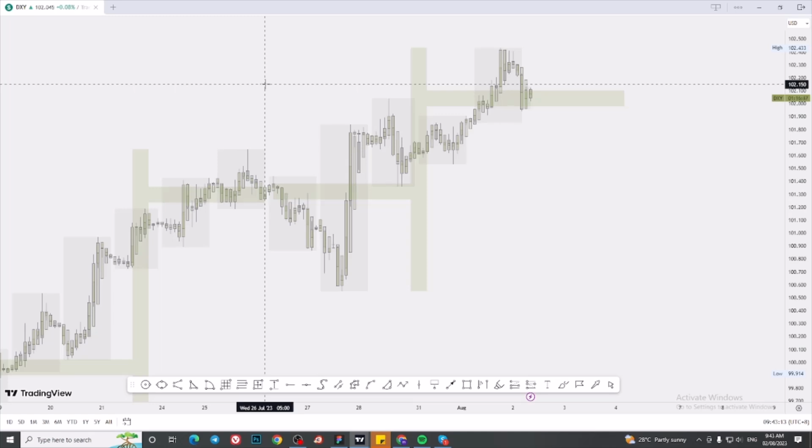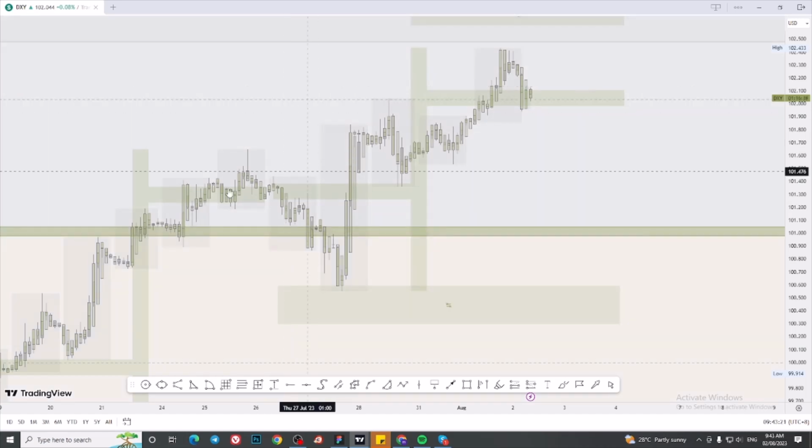I will turn on my Maya. This level I call the Maya Pika. Maya Pika represents two big time frames, and each of these represents a big time frame.